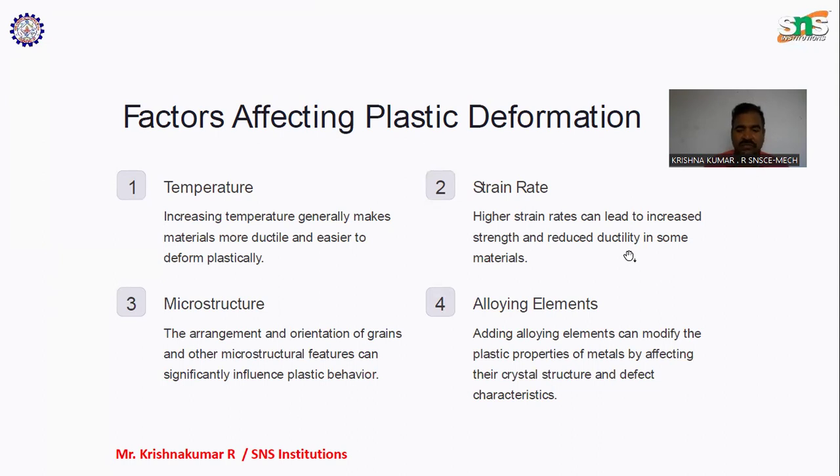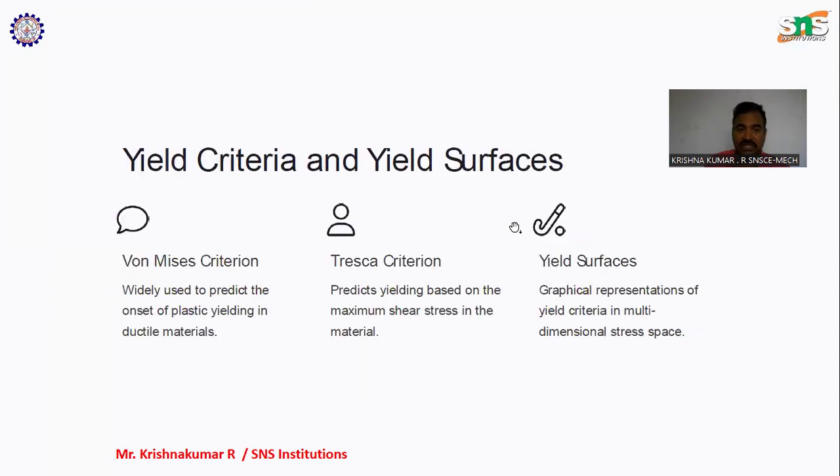Microstructure. The arrangement and orientation of grains and other microstructure features can significantly influence plastic behavior. Alloying elements. Adding alloying elements can modify the plastic properties of metals by affecting their crystal structure and defect characteristics.